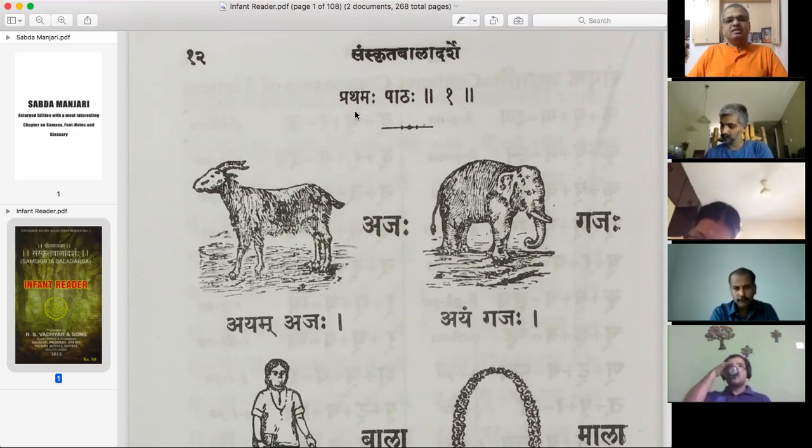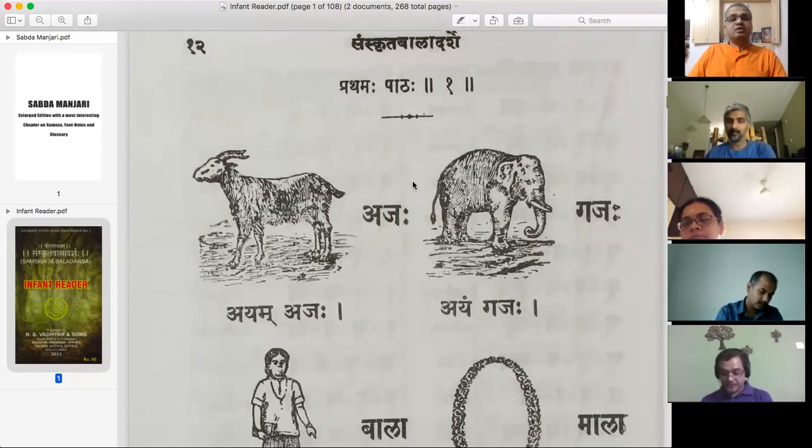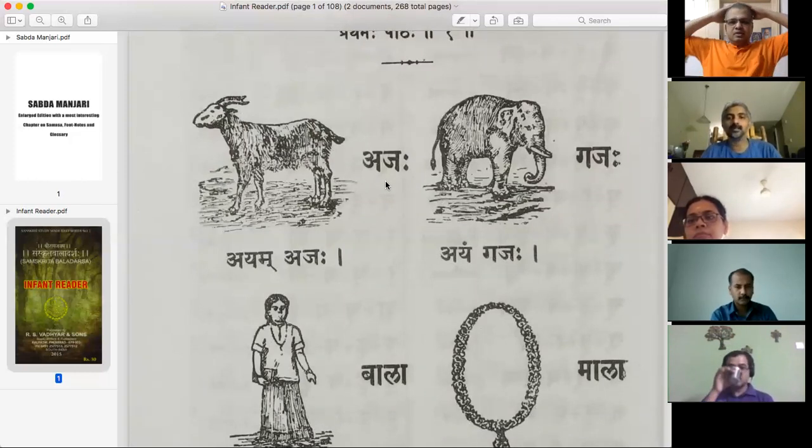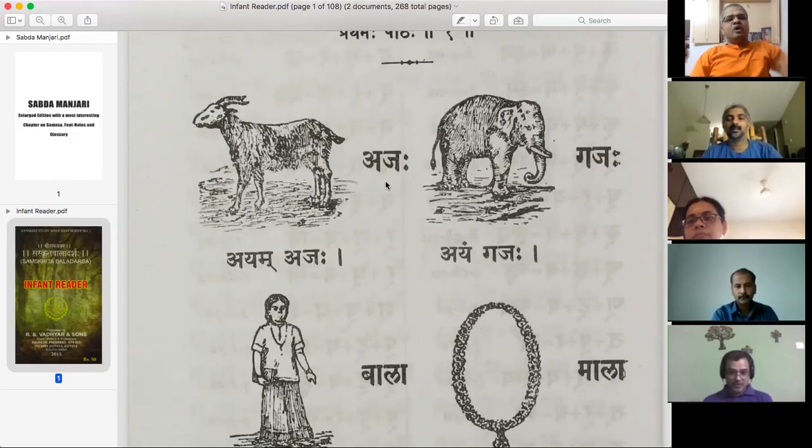Pathaha is lesson. Prathamaha Pathaha, first lesson. So the first word is Ajaha. Ajaha means what? You can see from the picture. Ajaha means goat.